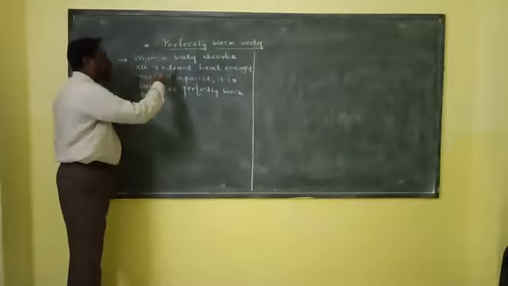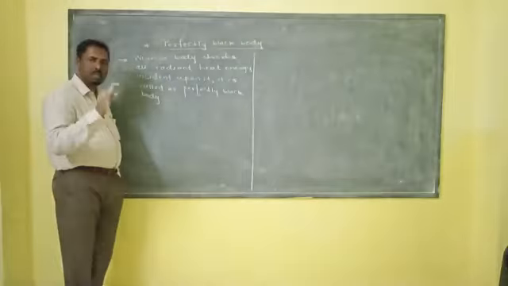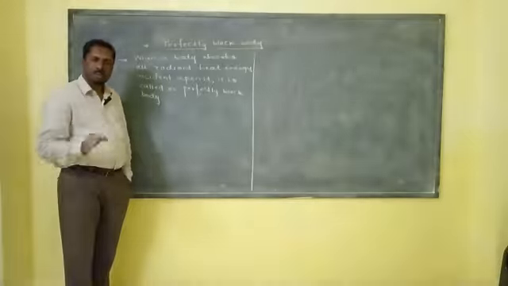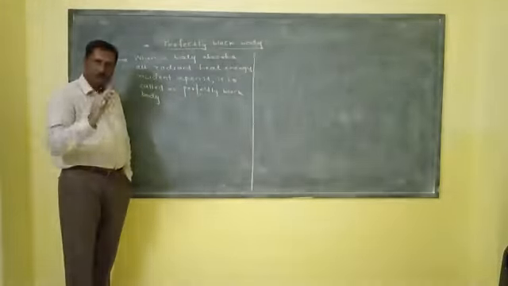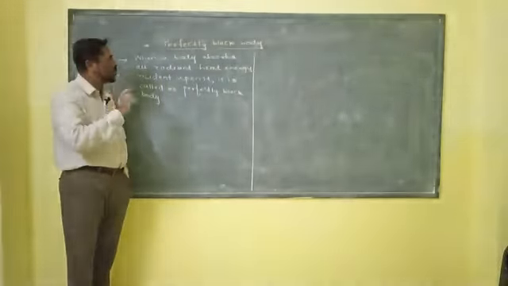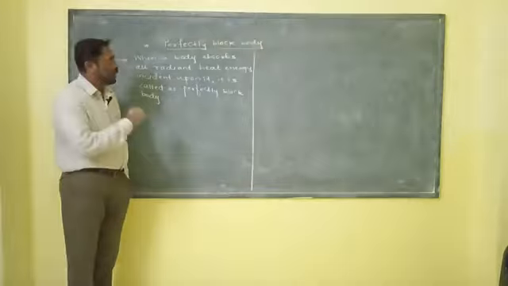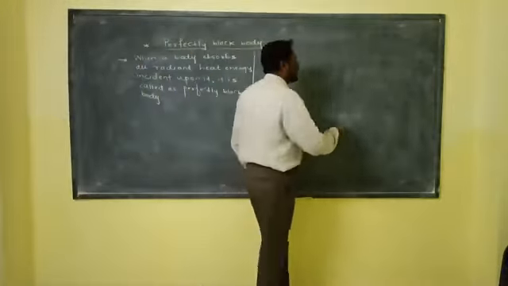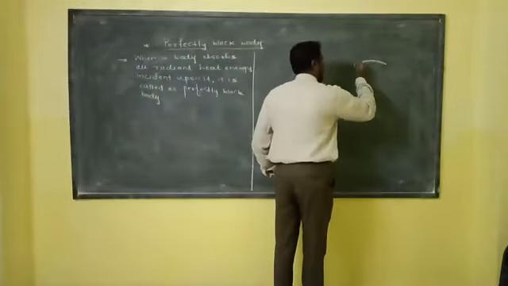Whenever radiant heat is incident on a body, and if the body absorbs all the heat, then it is called a perfectly black body. Let us consider the simple diagram of a perfectly black body.